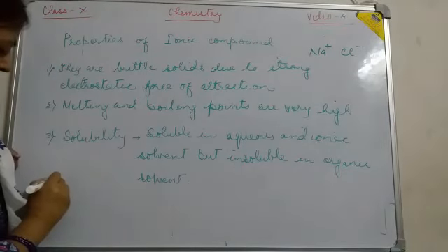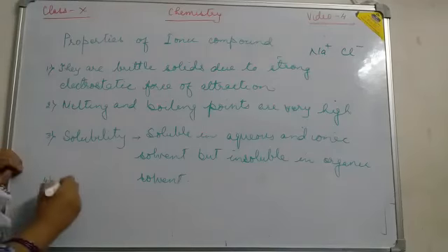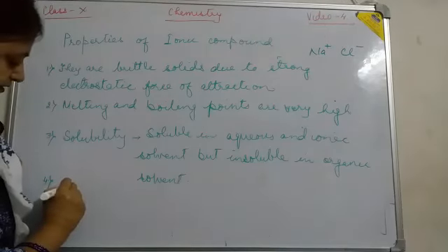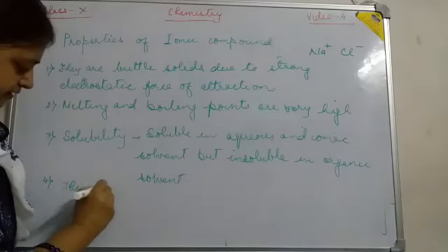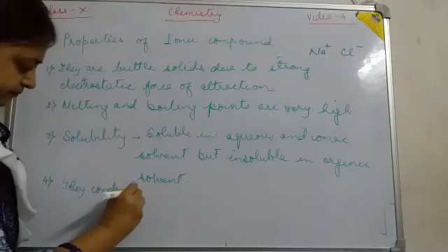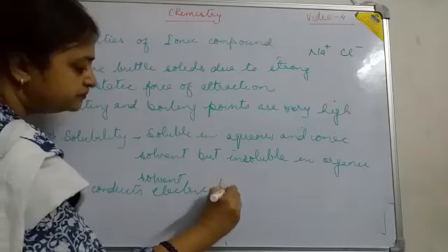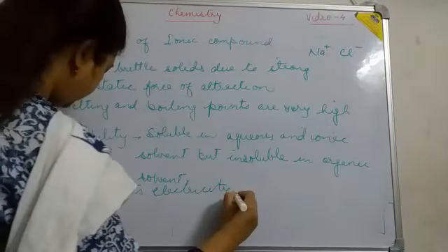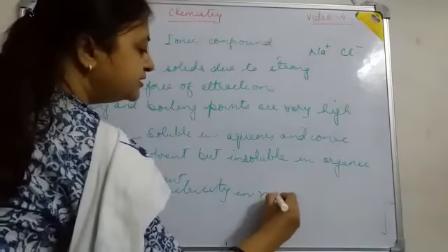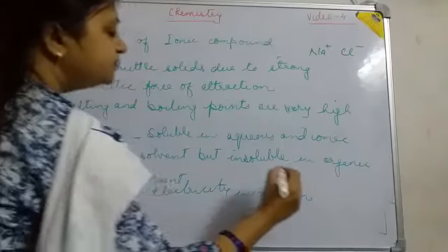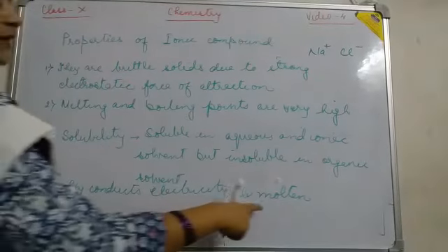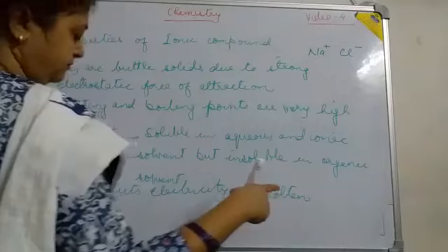Fourth one is they conduct electricity in molten state. Molten state means first it melts at its melting point.